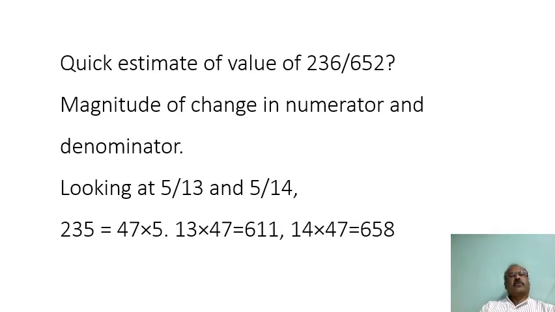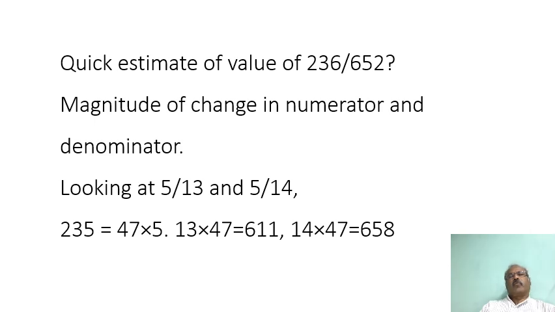Let us try to get a quick estimate of the value of 236 upon 652. First of all, observe that if you multiply 23 by 3, you get 69.